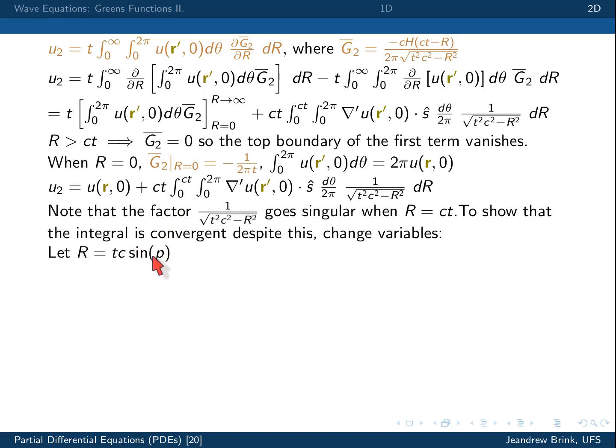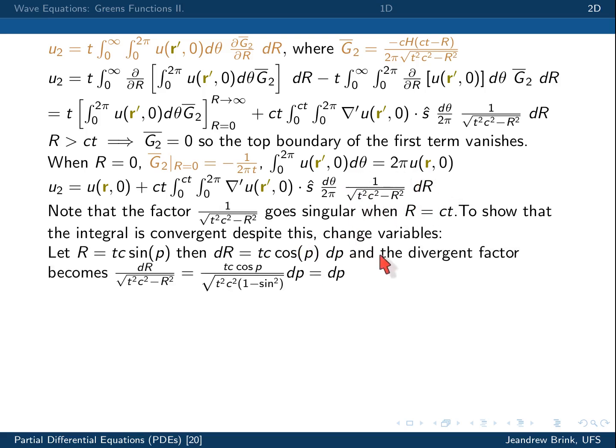Let's see what the consequences are. It's necessary, in fact, to use the step function to limit your domain of integration before you do this change of variables. So we say let R equal TC sine P. Then dr equals TC cos of P dP. Now we can work out what this so-called divergent term looks like. We want to evaluate dr over the square root of TC squared minus r squared.